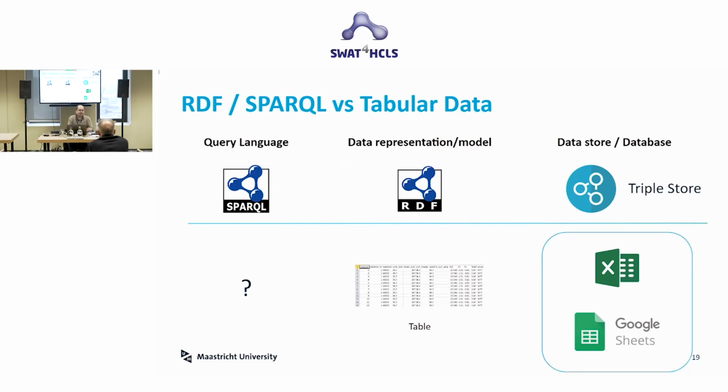For example, in Excel, you can use a filter. You can specify which columns you want to filter, what the conditions are, and if you want to select a row, we can, with the mouse, just click on that row and you will have it selected. So this is the logic of dealing with tabular data, but in the semantic web stack, we have these 3 pieces: the query language, the data model, the RDF, and the data store.